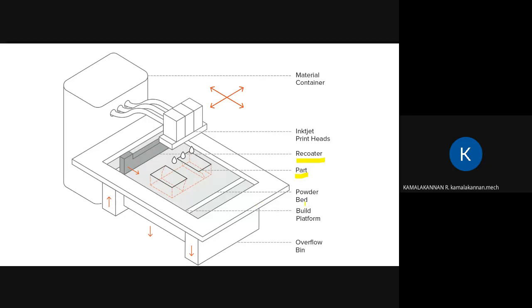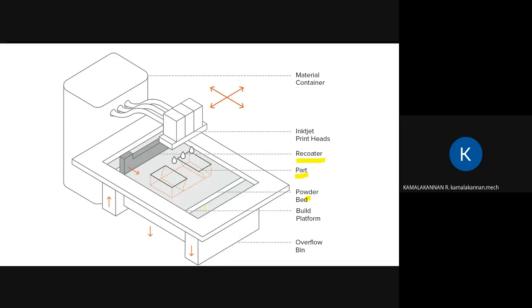I'm sorry, the indicator shows the powder bed separately, because a layer of powder has been poured by the recoater. Next one is the build platform, where the solid is built. And finally, the overflow bin. Overflow bin is nothing but where the excess powder will be collected.